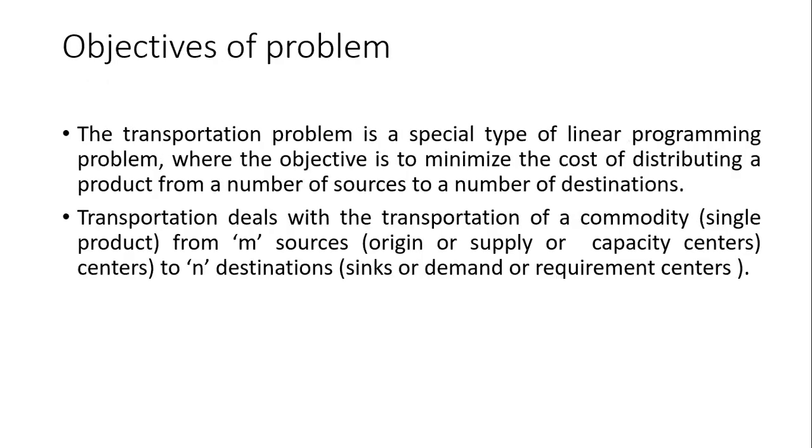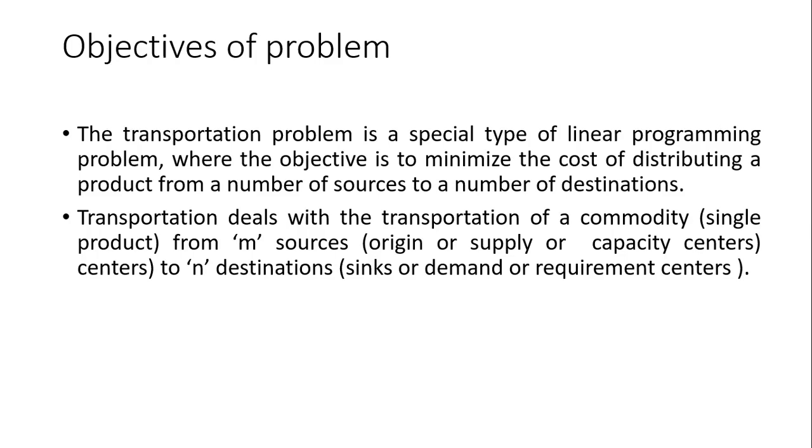And what are the objectives of the transportation problem? First of all, the transportation problem can be solved mathematically by using an approach called the linear programming model. Here we can fix the objective by considering minimizing the cost of distributing the product from the given number of resources to the number of destinations.